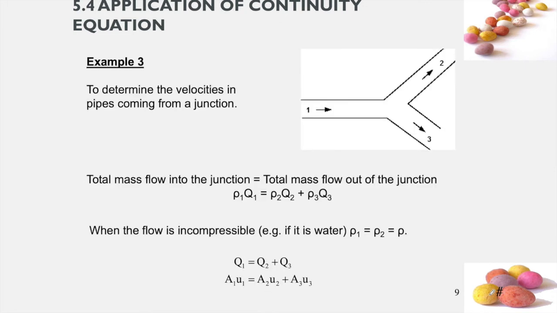Next, what if we have one flow divided into two flows? Take a look at this figure. We have flow at 1, which then separates into flow 2 and flow 3. The total mass flow into the junction is equivalent to the total mass flow out of the junction.